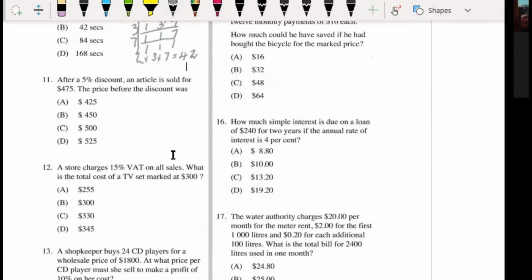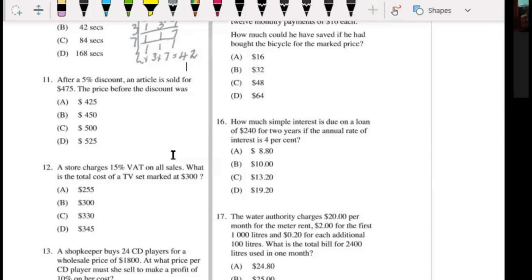Now, if the selling price is a discounted price of 5%, therefore the selling price would be 95% of the original price. Yeah, the selling price will be 95% of the original price.